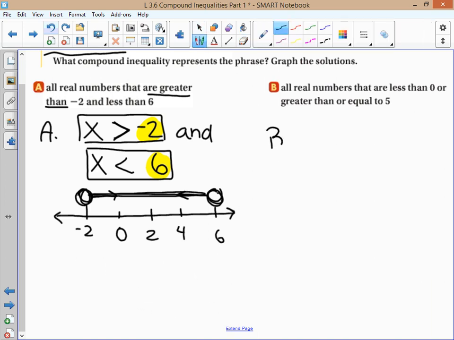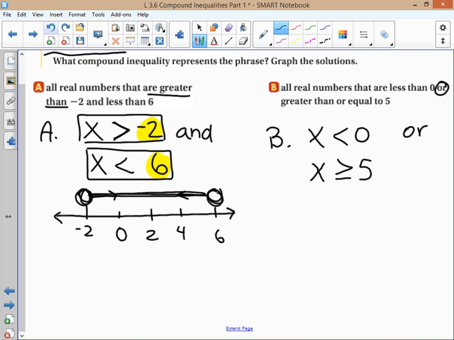All right, part B. B says all real numbers that are less than 0 or greater than or equal to 5. This is an or compound inequality. And I'm going to write it out like this. All real numbers that are less than 0 is X less than 0, or greater than or equal to 5 is X is greater than or equal to 5.